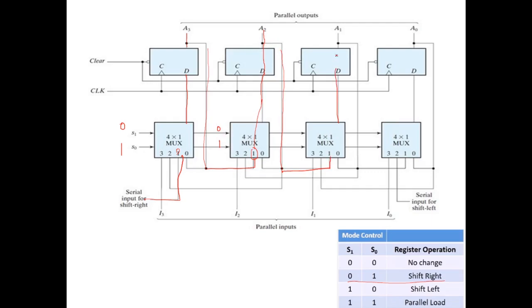Similarly for this flip-flop, it is connected to the D1 input of that multiplexer. Then if the selecting inputs are 01, it selects this D1 input and it is connected to the output.